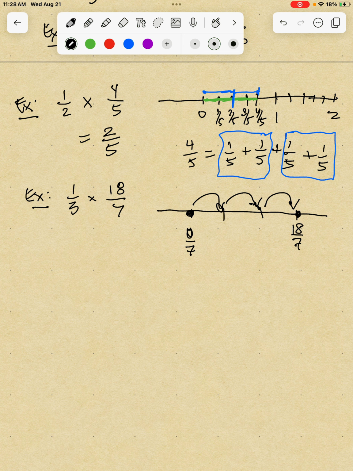Well, what's 18 divided by 3? 6. So I have 6 1/7. That's 6/7. And you can see that if I have 6/7 and then add 6/7 more, I get 12/7, and if I add 6/7 again, I get 18/7. So 1/3 times 18/7 is 6/7.